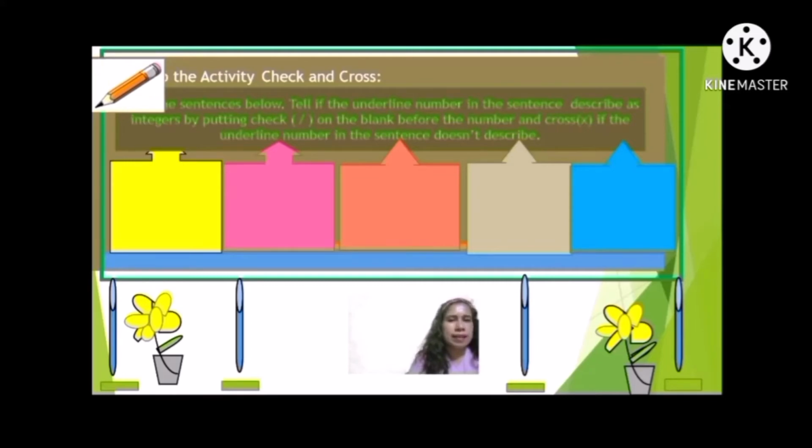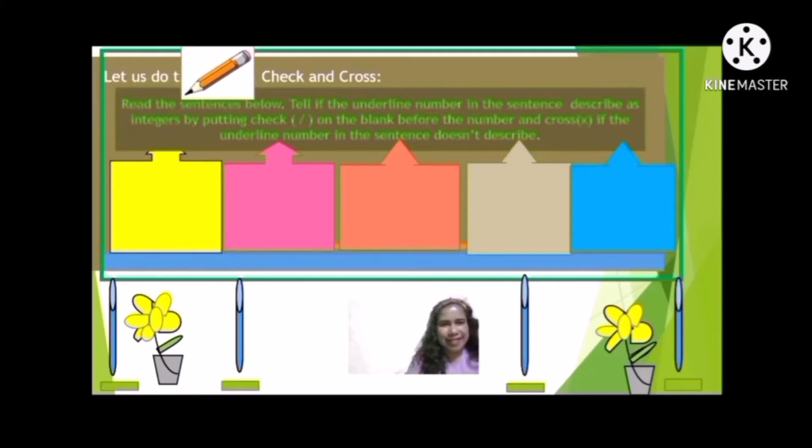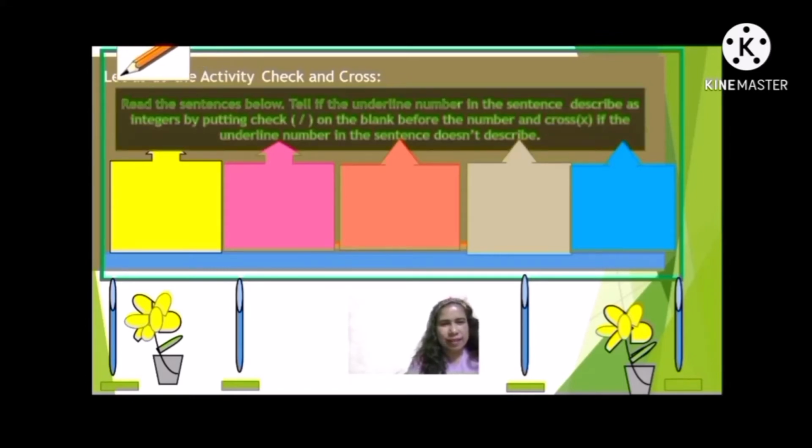Okay, the next activity is check and cross. Very easy. Read the sentences below. Tell if the underlined number in the sentence is described as an integer by putting a check on the blank before the number, and a cross if the underlined number doesn't describe an integer. Number 1.